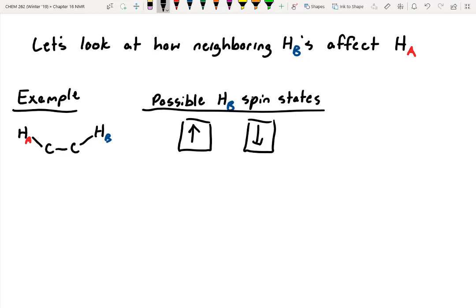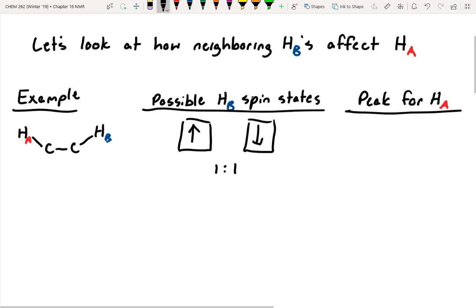Nope, 50-50 ratio. So this is always going to be a 1-to-1 ratio. So if we think about the peak for HA, HA is going to actually reflect that 1-to-1 ratio of the possible spin states for HB. So what the peak will look like is almost like a pair of fangs, like this.